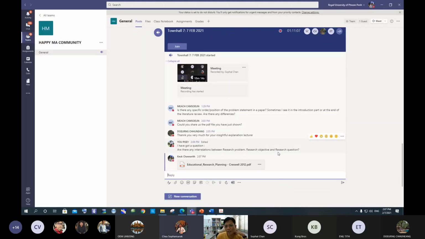Are there any interrelations between research problem and research objective? Yes, they must be connected. There must be alignment between research problem, research objective, and research question. That's why, when we talk about the statement of the research problem, it covers all of this. They must be aligned.